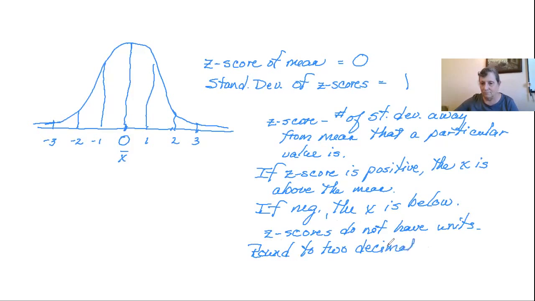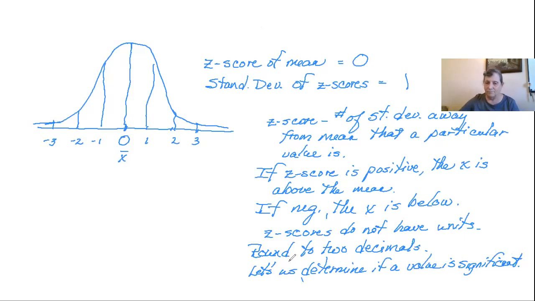Z-scores let us determine if a value is significant, if the z is greater than 2, or if the z is less than -2.